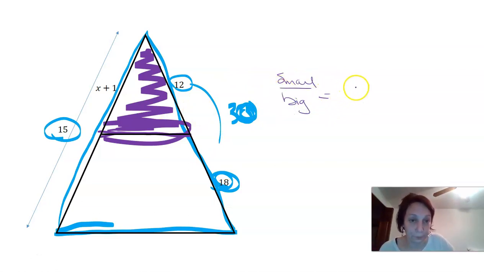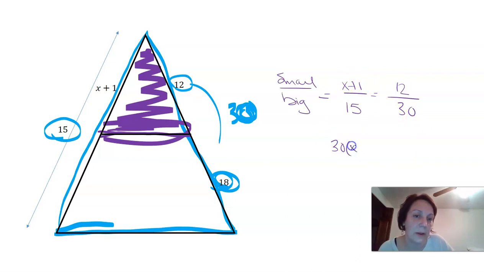Okay, so if I look at this left-hand side, the small side is x plus 1, the purple side. The big triangle has a side of 15. If I look at this side of the triangle, my small triangle, the purple one, has a side length of 12. My big triangle is this whole big side, the 12 and the 18, which adds up to 30. So I can create a ratio and solve it.